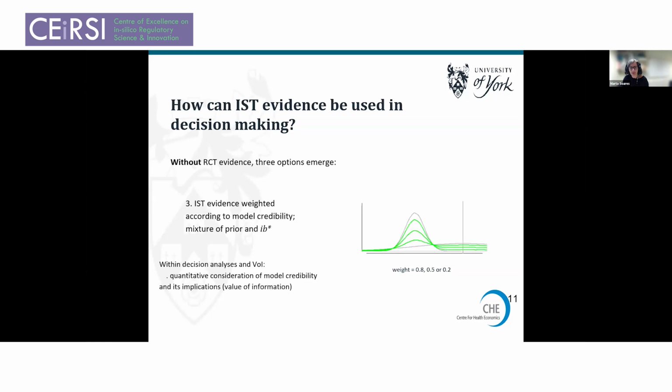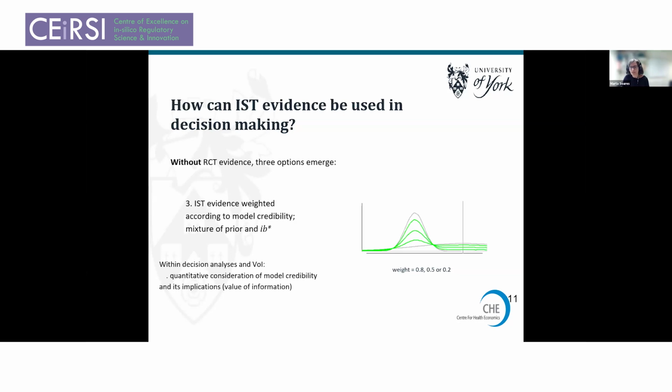I'm hoping you can see my cursor. You can see the in-silico estimate in gray as well. And you can see the weighted mixture by assuming a probability weight of 0.2 for the IST, 0.5 or 0.8.